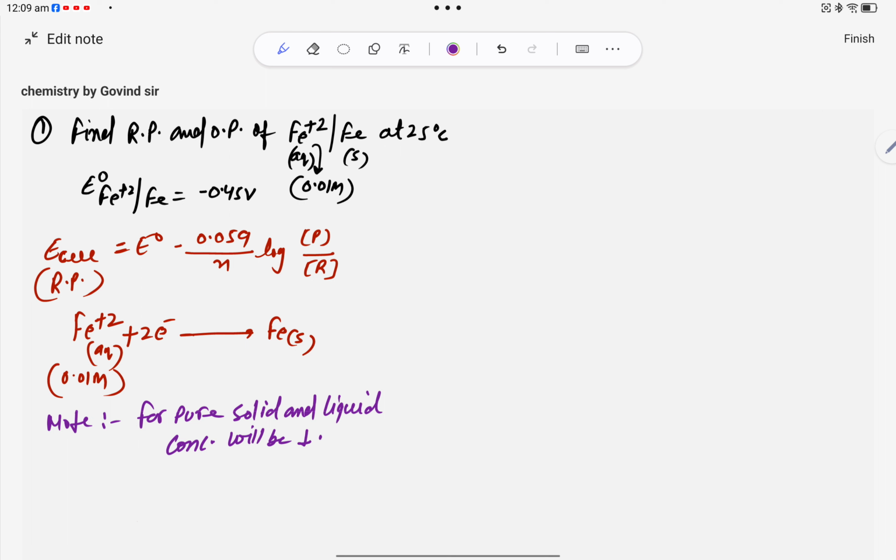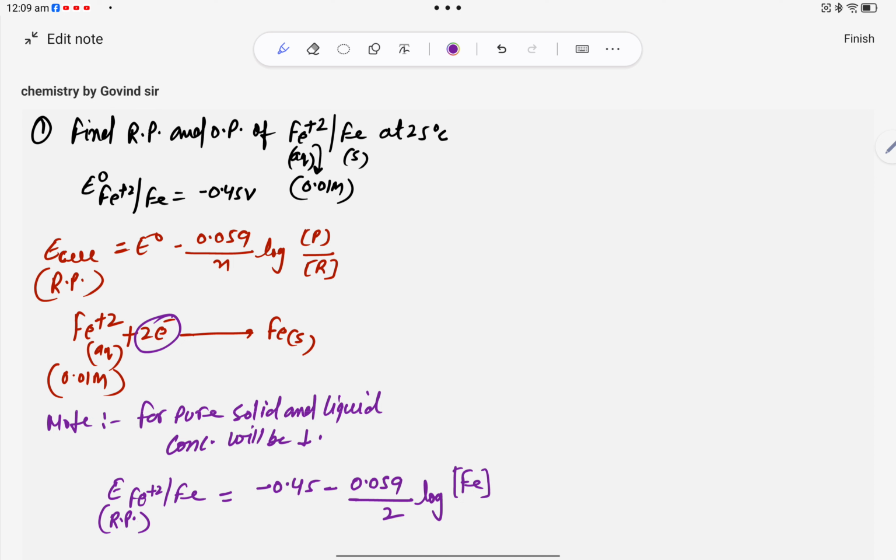So use formula E. Fe+2 to Fe, reduction potential is equal to E naught value given, minus 0.45, minus 0.059 upon n, number of electrons 2, log product is Fe, concentration of Fe solid in pure state, and concentration of Fe+2 in aqueous state.